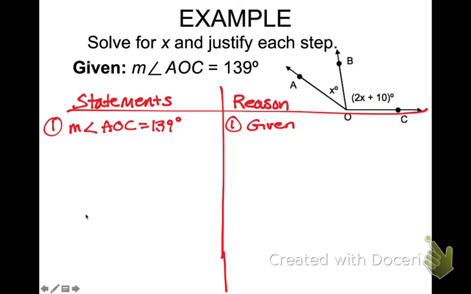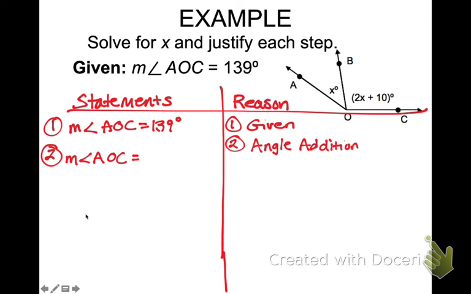But before I can get to the algebra, my line 2 is going to be my angle addition line. Or if it was a segment, then it would be a segment addition for line 2. In this case, I have angles, so it's going to be angles. So what does angle addition tell us? Well, angle addition tells us that the big angle, which in this case is AOC, so the measure of angle AOC is equal to the two small ones added together.